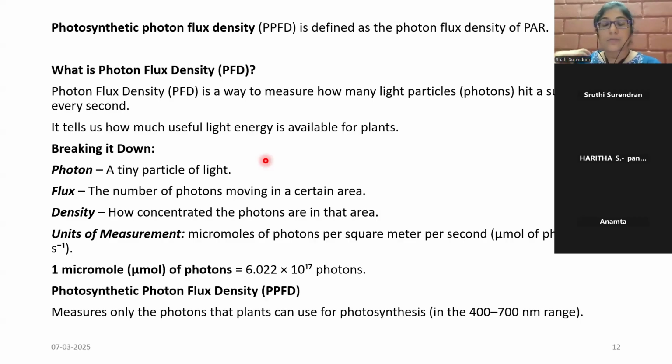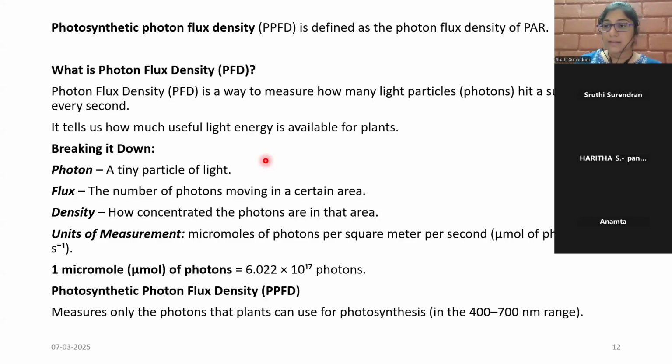And the y-axis was, again, micromoles of carbon dioxide per meter square per second. So when we are utilizing the sun's radiation to estimate photosynthesis, or study any photosynthesis-related process, we have to convert that into micromoles of photons per meter square per second, which is nothing but the photon flux density.